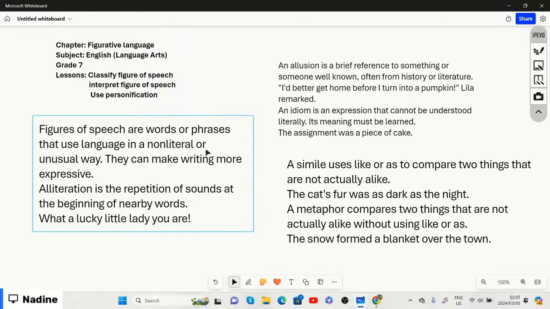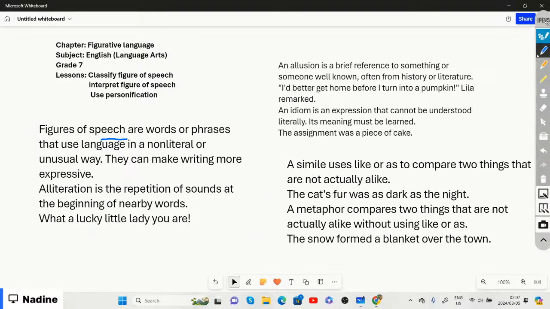So basically, they can make writing more expressive. Figures of speech are words or phrases that use language in a non-literal or an unusual way. And like we say, it makes writing more expressive.